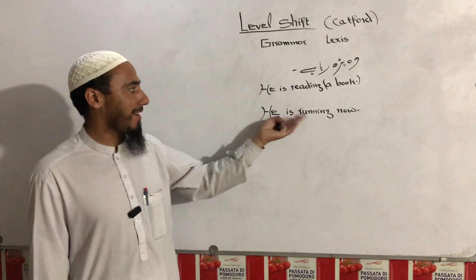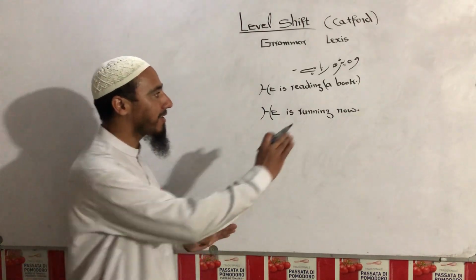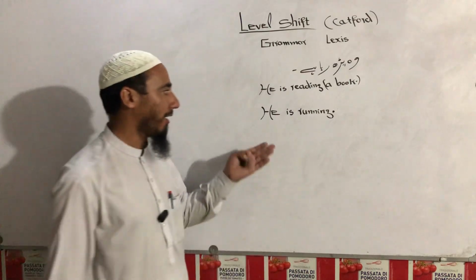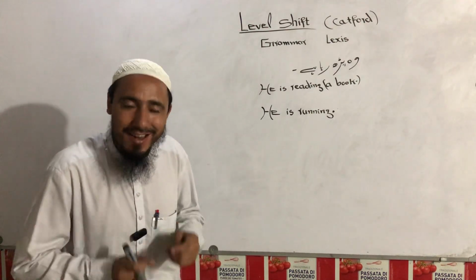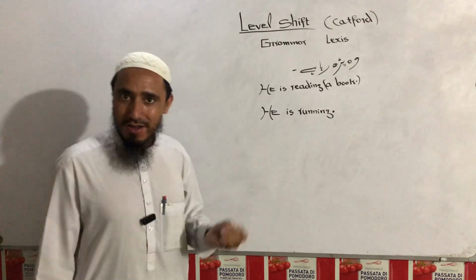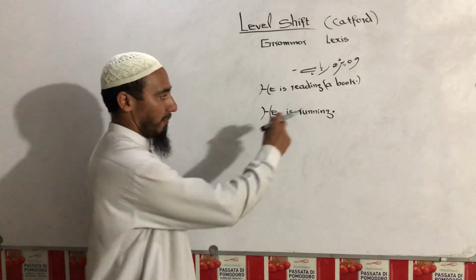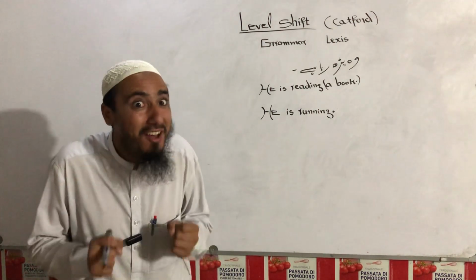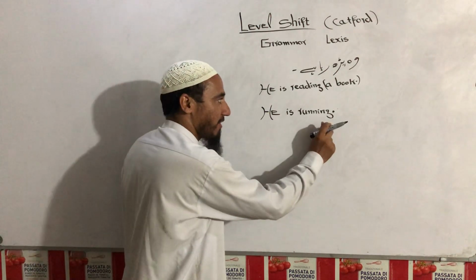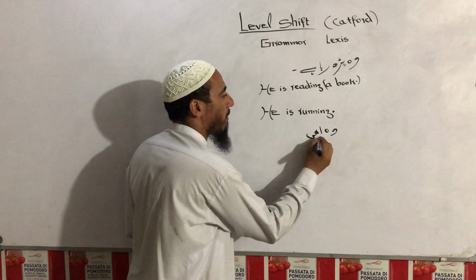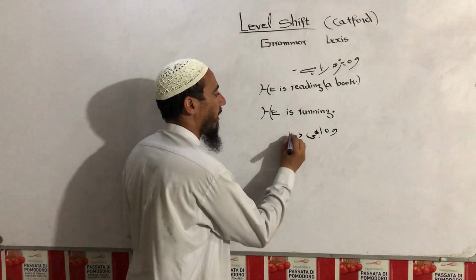And now when I say he is running, this is a sentence, he is running. But when I translate it into the Urdu language, in order to clear the concept for Urdu readers, because this tense represents that something is happening now, when I say he is running, it means वो अभी दौड़ रहा है.